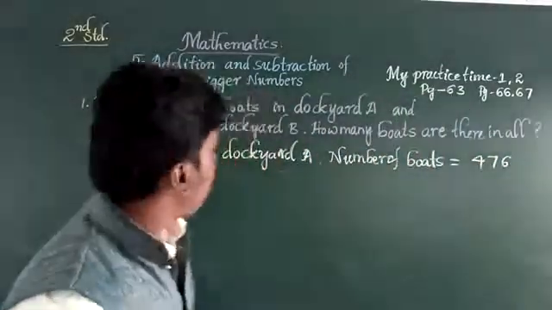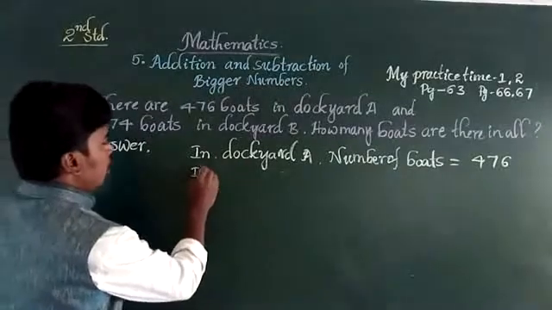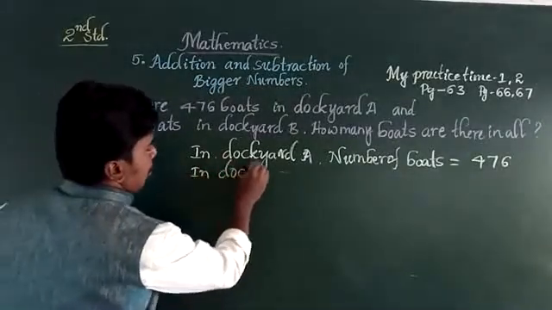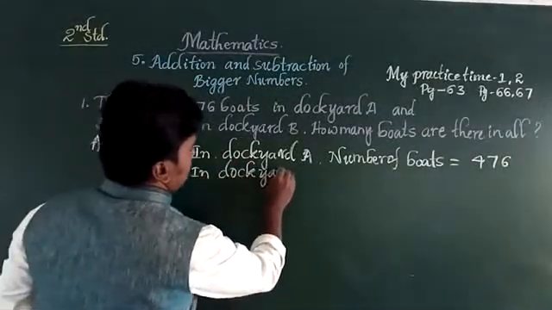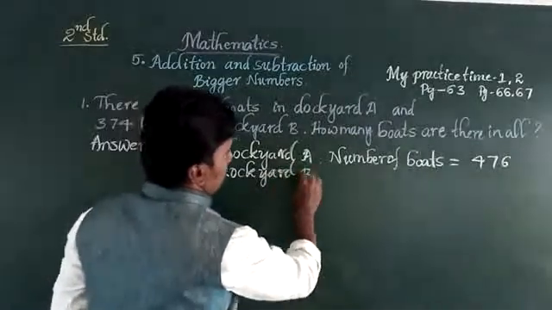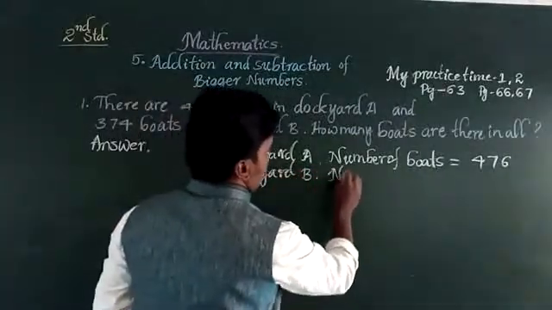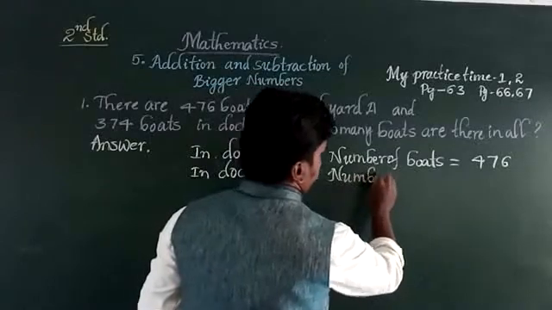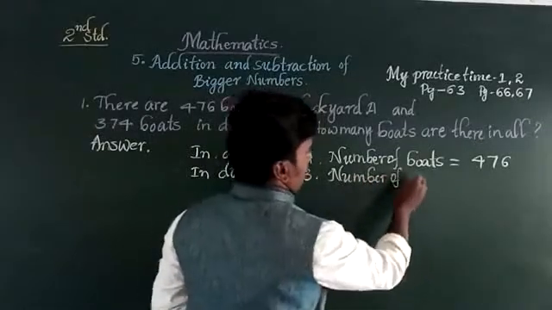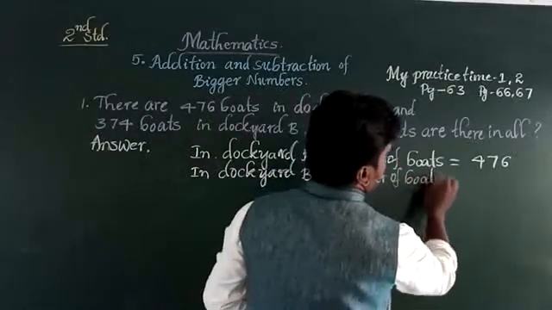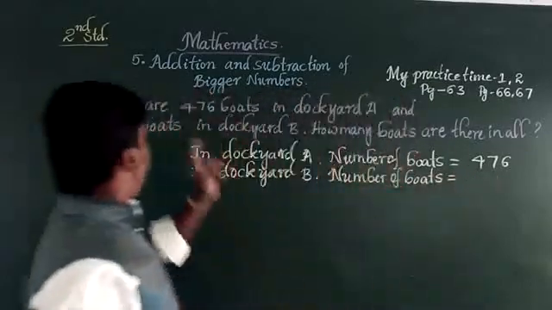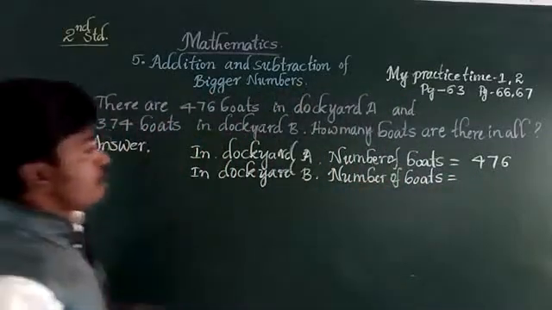And in duckyard B, number of boats, there are 374.